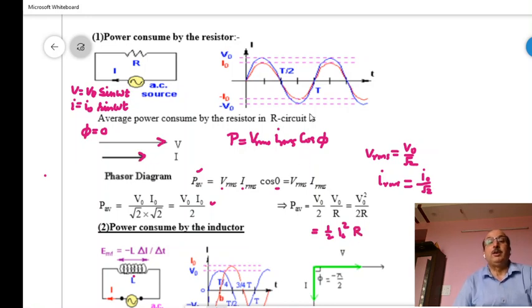If we use the time graph between voltage, current, then voltage is represented by this blue line and current is represented by the red line. So the power comes as this, and it is in positive cycle.